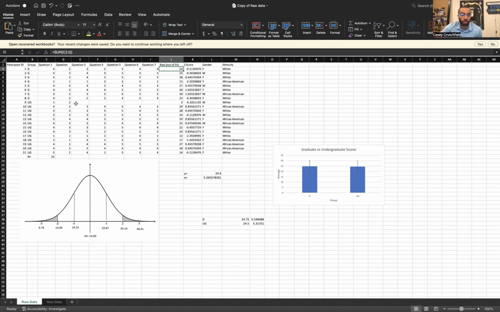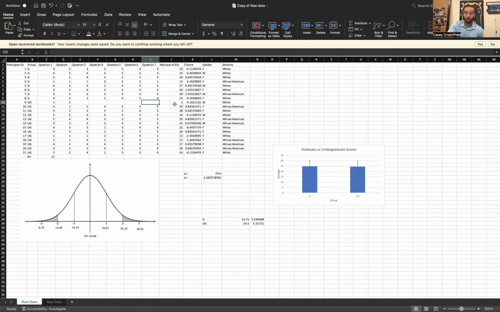I also want to make note that participant 9 only answered the first 2 questions of my questionnaire. So I decided not to put anything right here as well. I did not count him in any of the mean, standard deviation, or any other further math that was required, because I didn't want it to mess up my data.